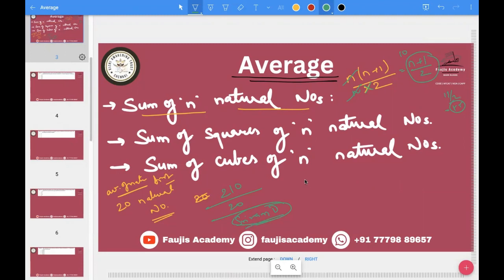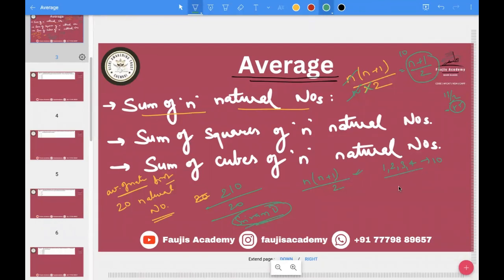So what is the sum of n natural numbers? Is it n into n plus 1 by 2, Sriram? Sriram, do you have any doubt in this formula? No, sir. Let's say I'm asking for 4 natural numbers. If you add 4 and 3, that's 7, and 3 more makes 10.